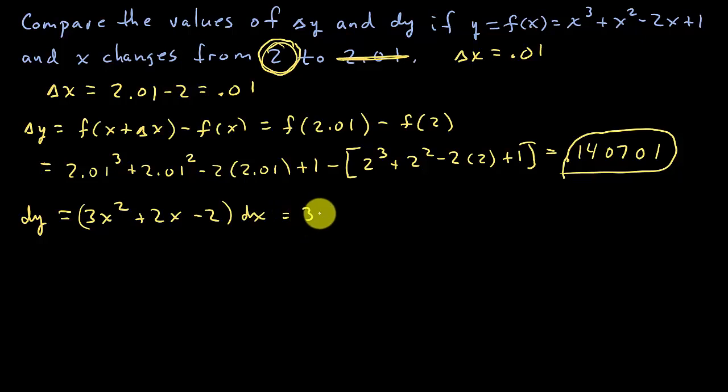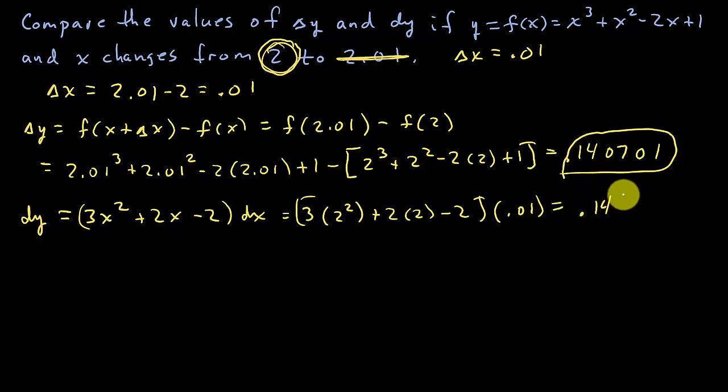So that's 3 times 2 squared plus 2 times 2 minus 2, times 0.01. You punch that into your calculator and you end up with 0.07.